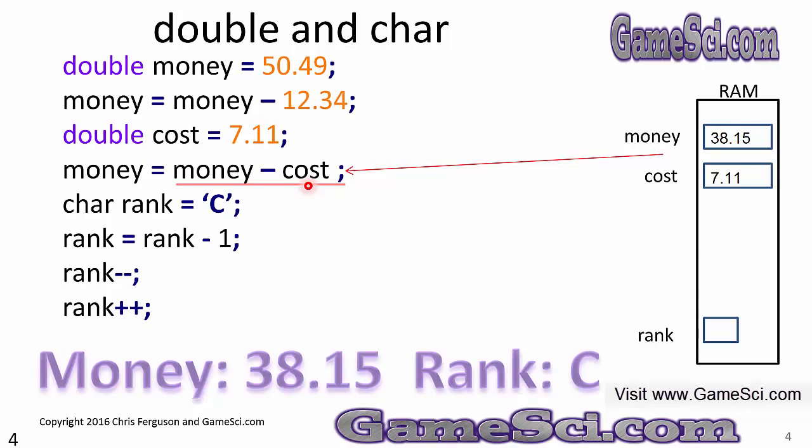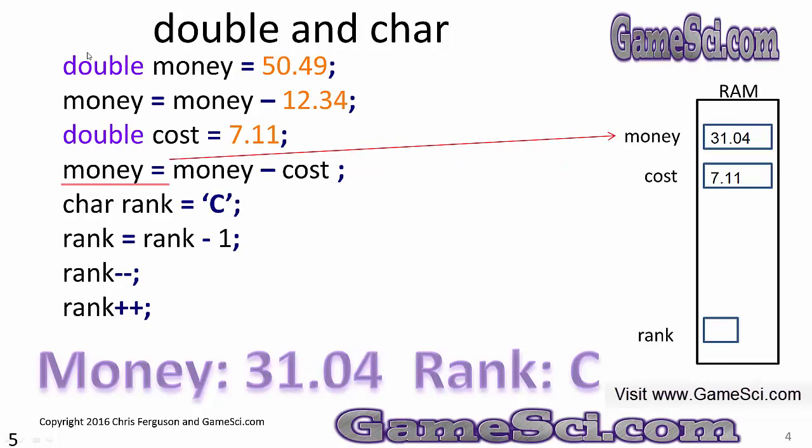And I will calculate the new money balance of our player. Turns out that's 31.04, because of this equal assignment, and will be assigned to the variable money. Notice the direction of arrow. That's what the assignment does. The assignment says I want to put a new value in my variable money.